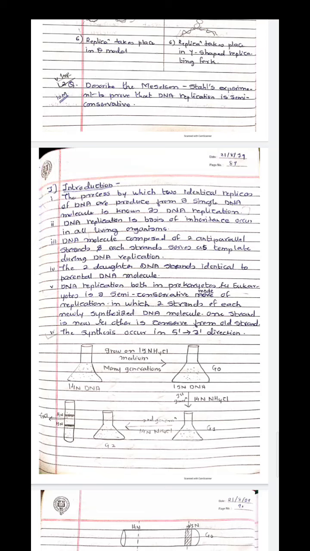तो आफ्टर रिप्लिकेशन जो दो DNA स्ट्रैंड्स फॉर्म होते हैं वो look like the parental DNA.